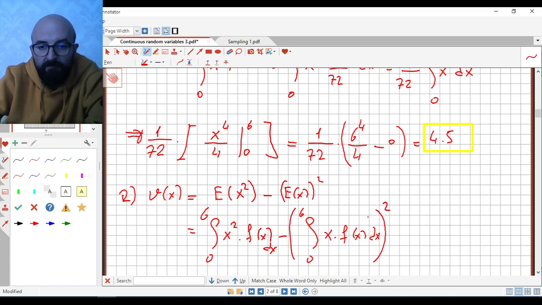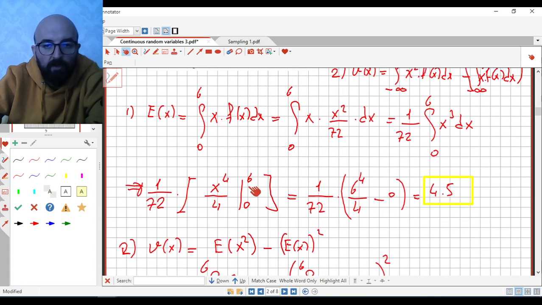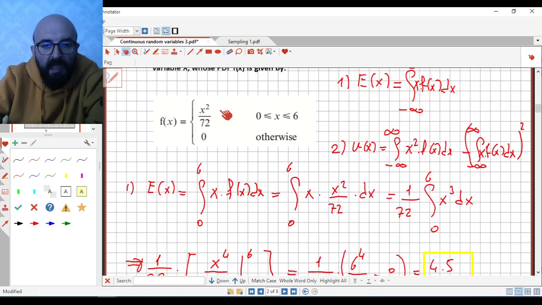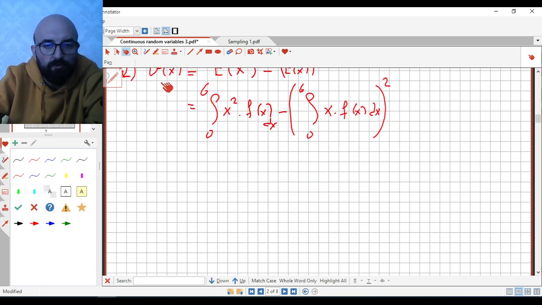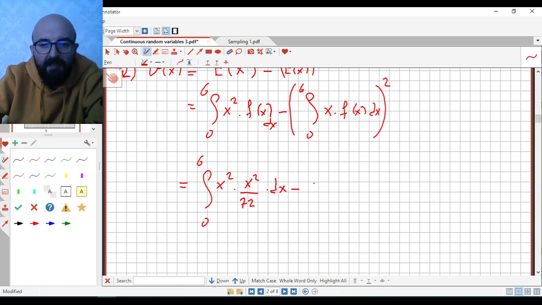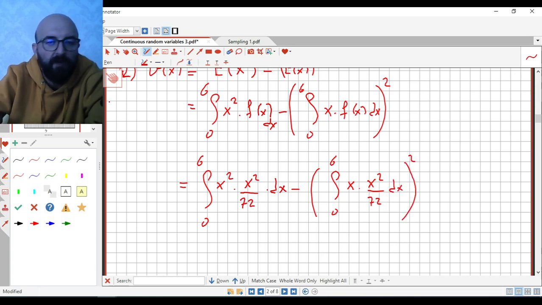Our function is x square over 72. So from 0 to 6, x square multiplied by x square over 72 dx minus the square of the integral from 0 to 6 of x multiplied by x square over 72 dx.